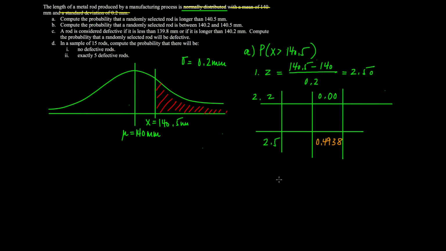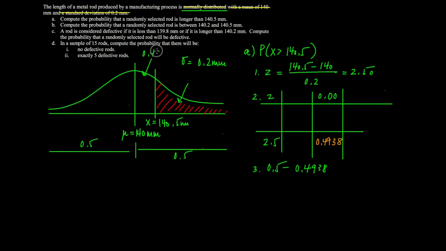But then are we done? No, we're not done. Why? Because what I'm trying to isolate for is this tail end portion of the curve. Because we know that the bell-shaped curve is evenly distributed into 0.5 and 0.5, adding up to a probability of 1. In order to isolate for the red tail right here, we're going to take 0.5 minus the probability that we found, which is 0.4938, but we're trying to isolate for the tail.